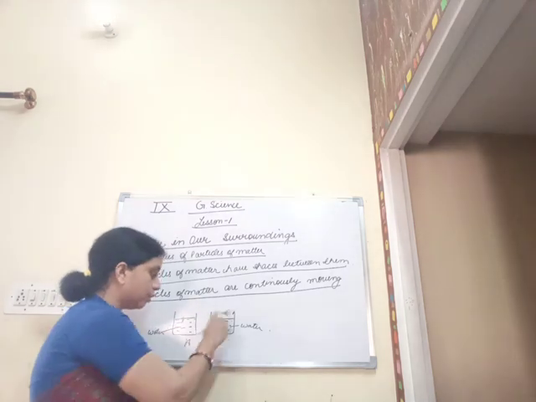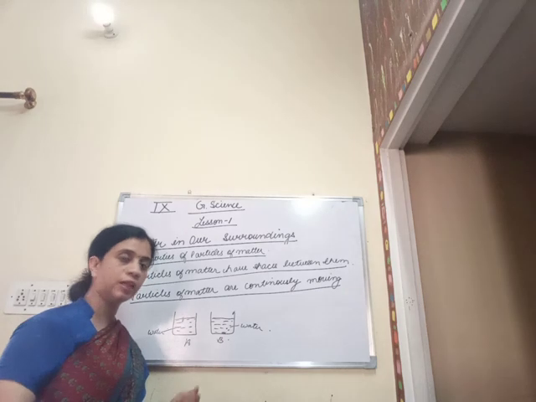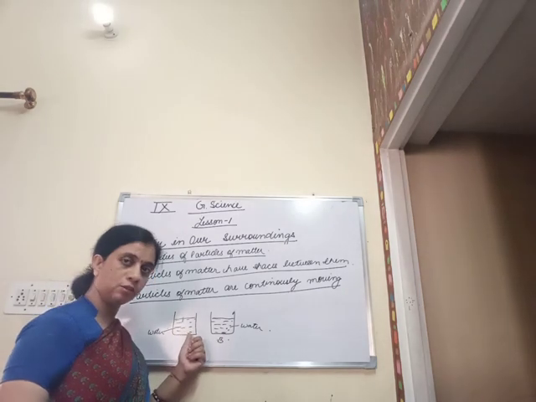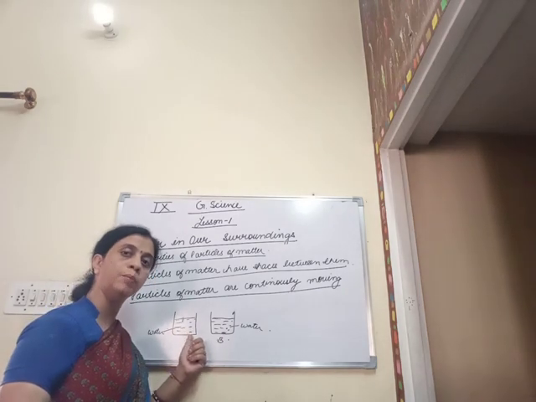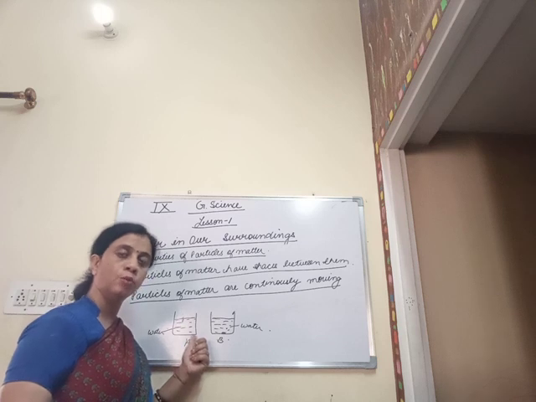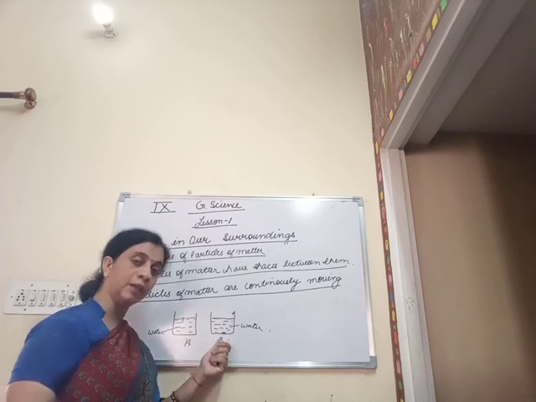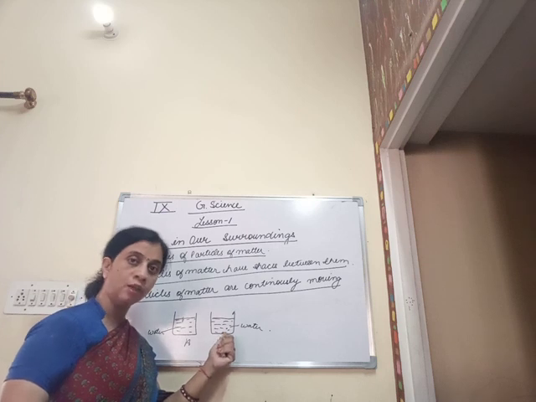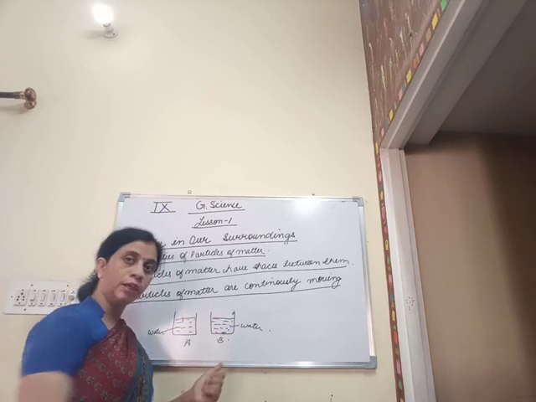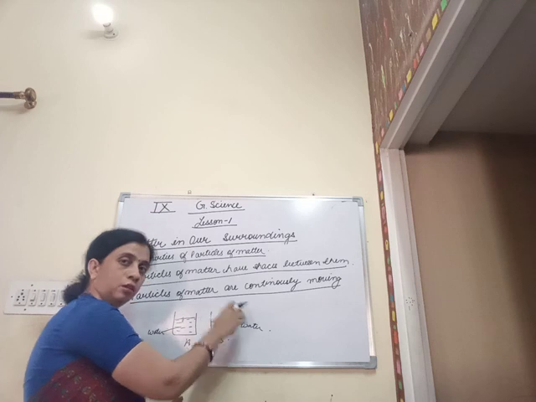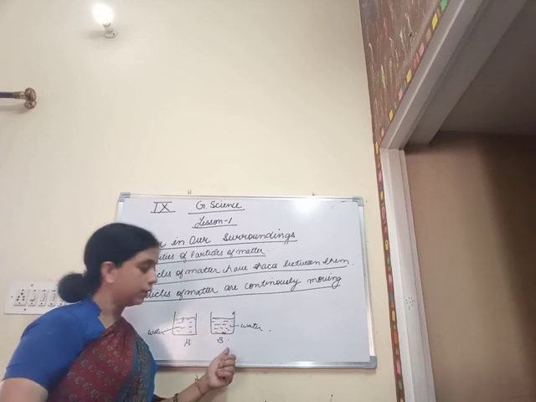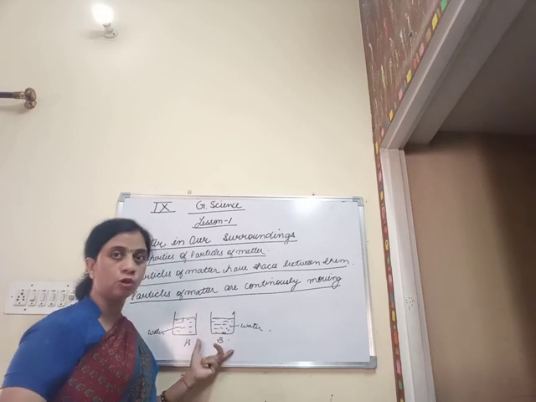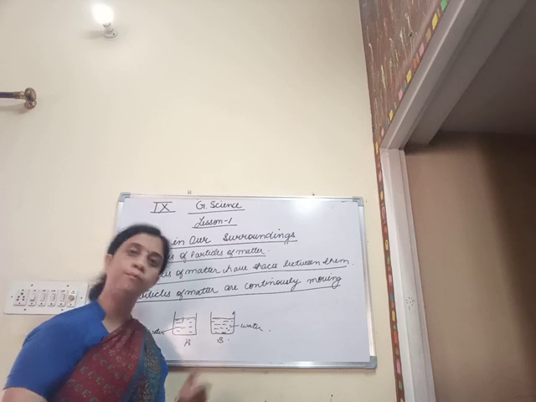When we stir both the solutions continuously, the solution in beaker A becomes homogeneous, and in beaker B, where honey previously settled at the bottom, it later dissolved very well in the water. This indicates that the particles of matter are continuously moving.